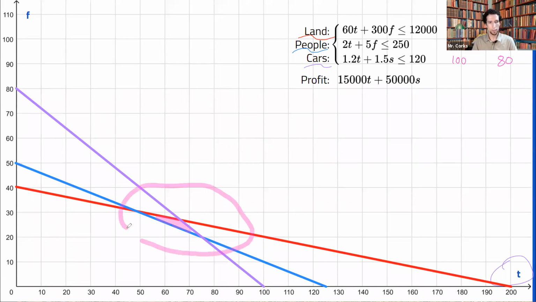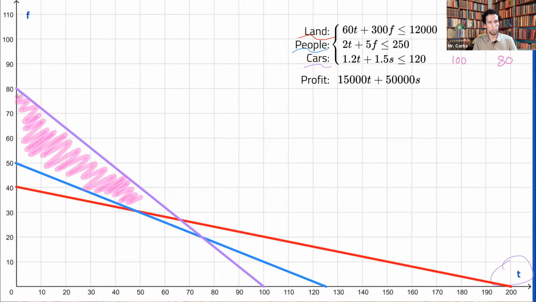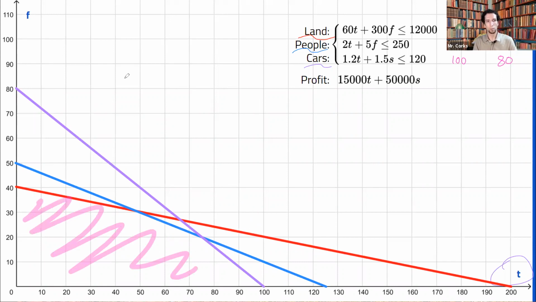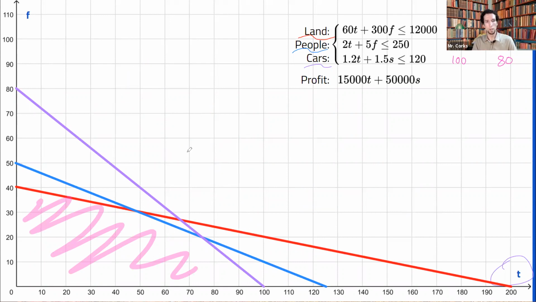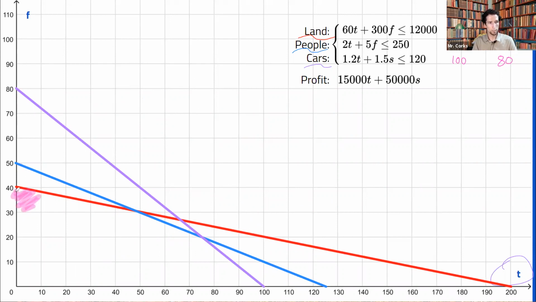So this little triangle here in the middle could be our feasible region, or maybe this shape between these three, below the purple, above the blue, above the red, that could be a feasible region for an optimization problem like this. So it's not always the case that you're all below or all above. Just read the inequality signs carefully.